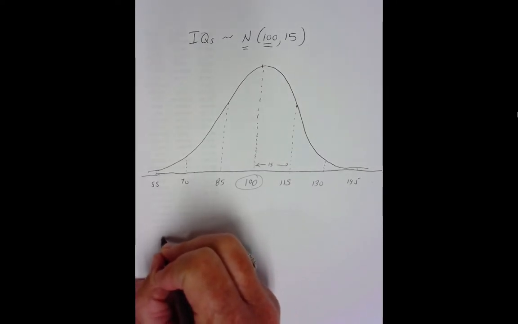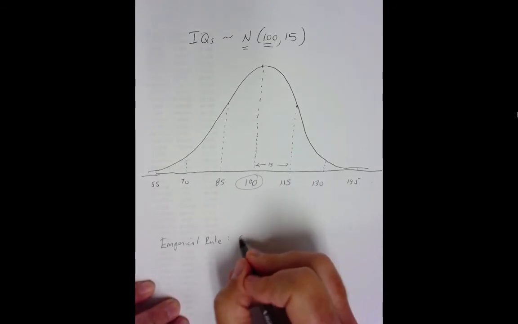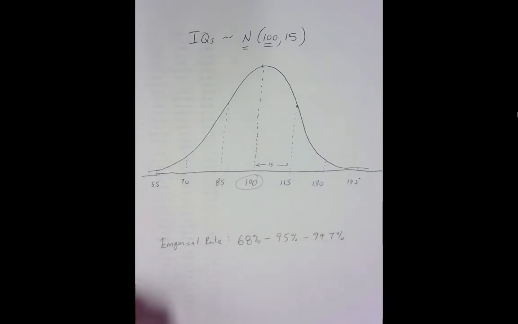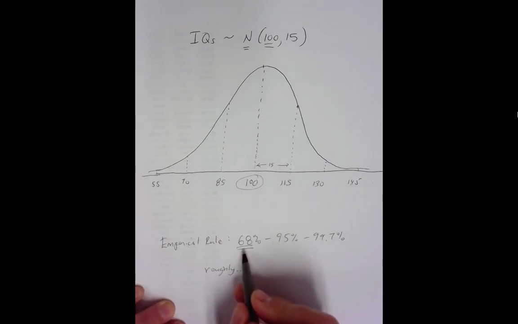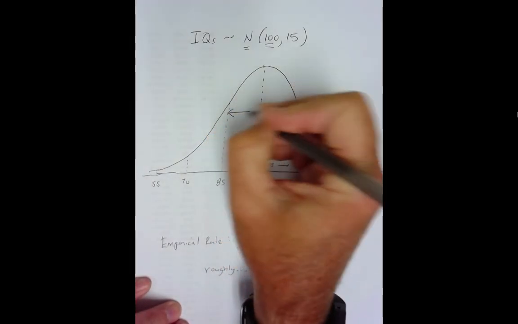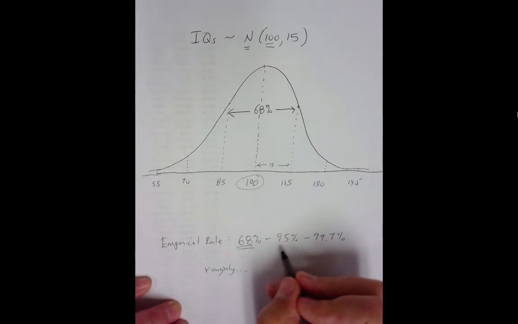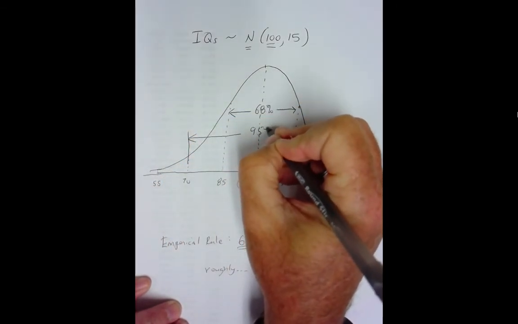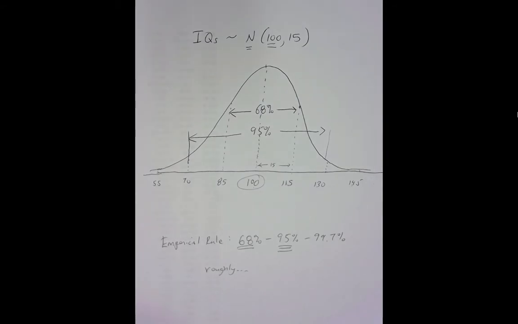Now, there's something called the empirical rule. The empirical rule is also known as the 68, 95, 99.7% rule, because it tells us that roughly 68% of our data falls between 1 standard deviation below the mean and 1 standard deviation above the mean. 95% falls roughly from 2 standard deviations below the mean up to 2 standard deviations above the mean.